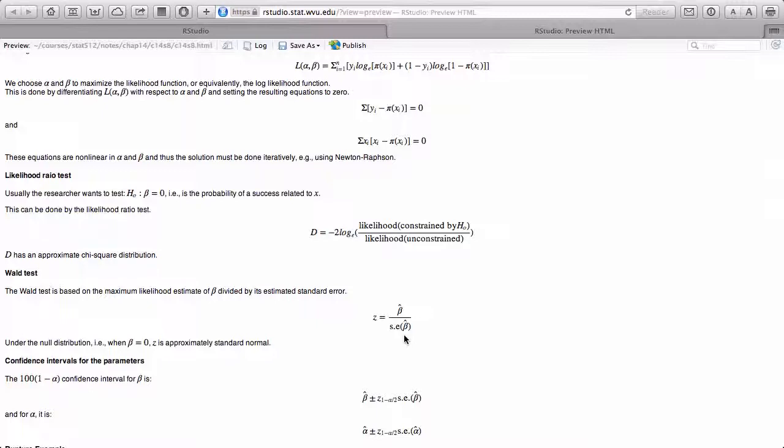The book didn't tell you how you get the standard error of beta. You can actually get it as part of the Newton-Raphson. But the nice thing is you're going to see that when you fit a model in R, it's very straightforward to get the standard errors because it gives us part of the output.